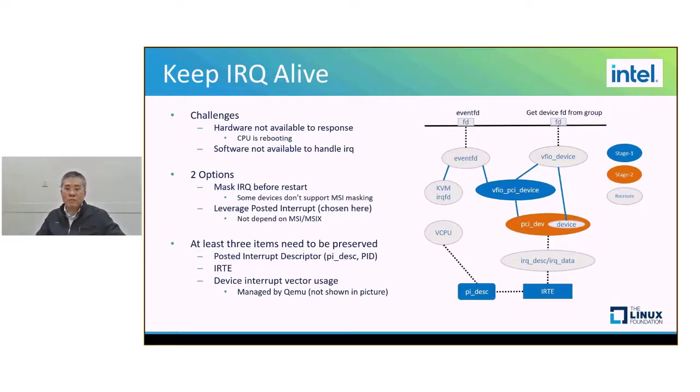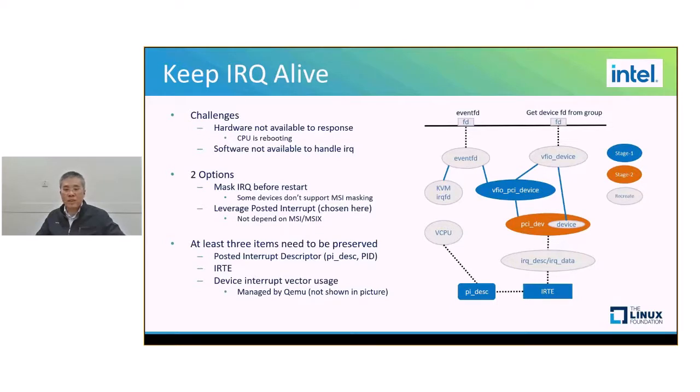Another approach is to leverage posted interrupt, which we choose here. It doesn't depend on MSI or MSIX, so it is more generic and has more coverage. The IRQ setup and teardown are triggered from the VFIO PCI device layer. It goes through the PCI and IRQ core layer down to the IRQ remapping driver to allocate or free the IRTE, which means interrupt remapping table entry.